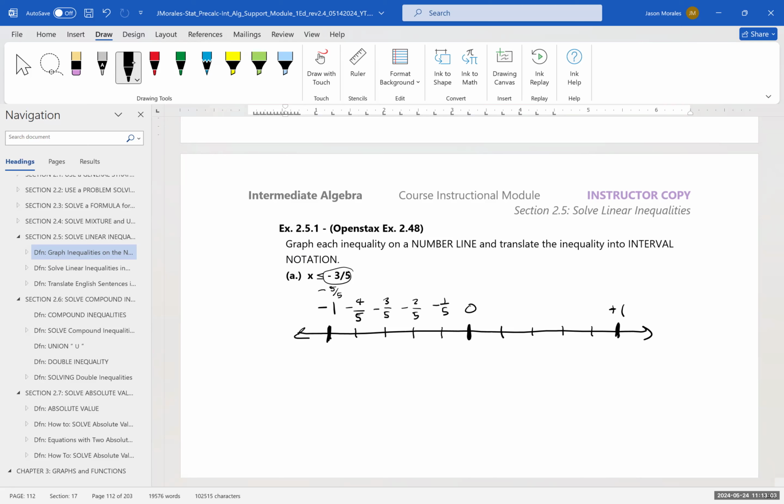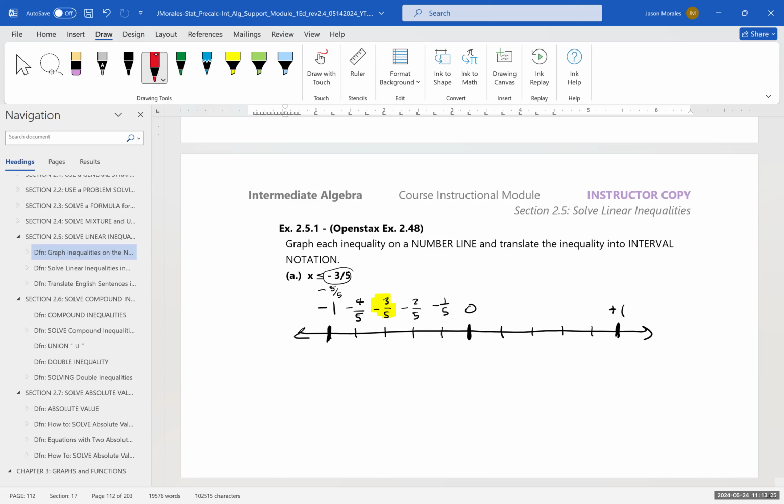Okay, so we know that we're going to land on -3/5. Let's do this one with either open circles or closed dots.